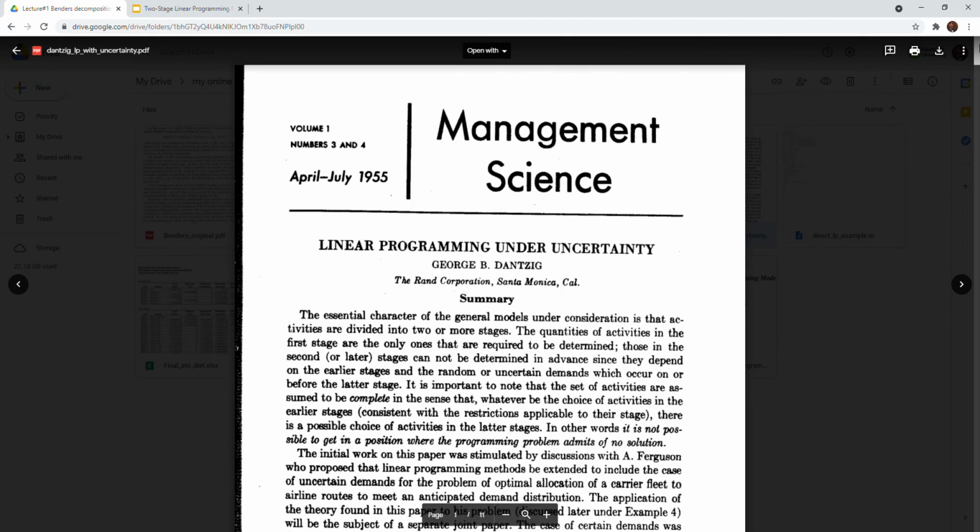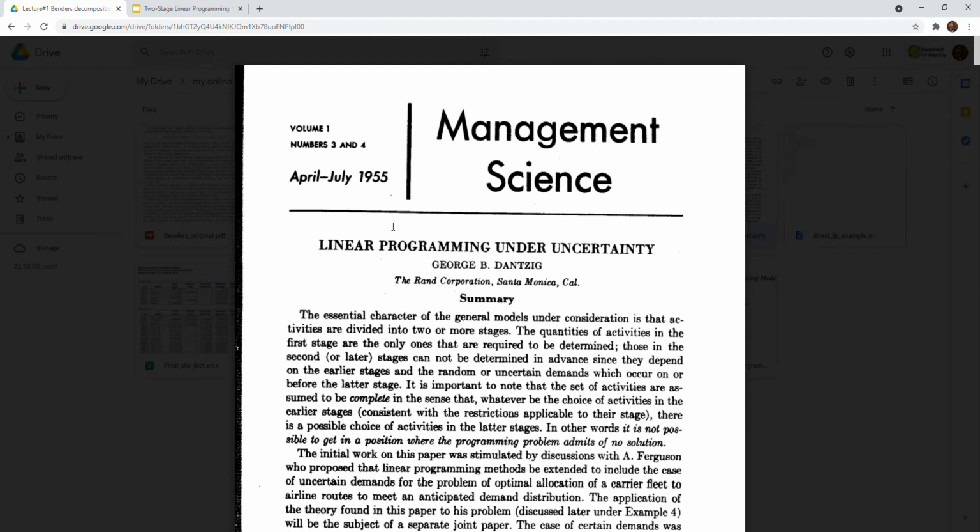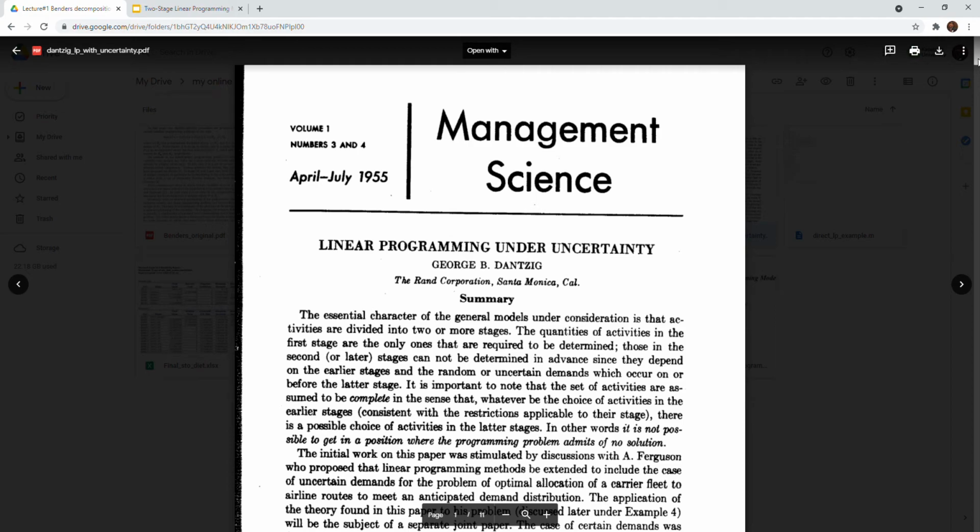First of all, you might look at the pattern of how to write this paper. Dantzig wrote this paper in 1955. He started with the summary part. You might look at it, maybe this is like an abstract part of the paper nowadays. But if you keep going, look at that.